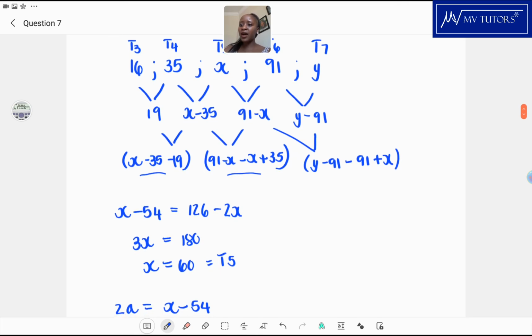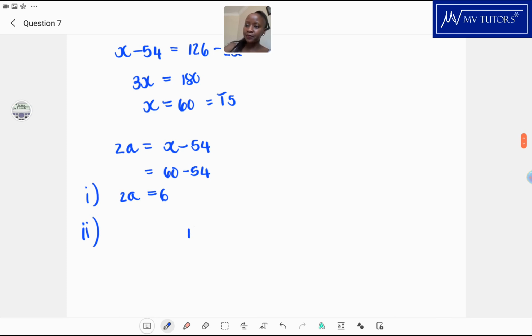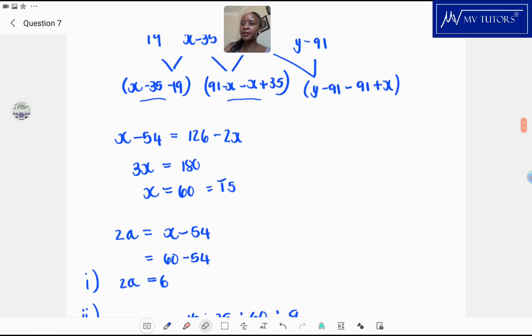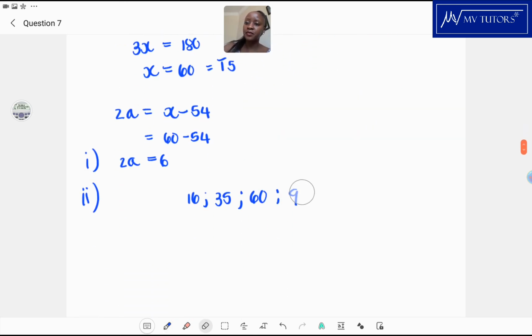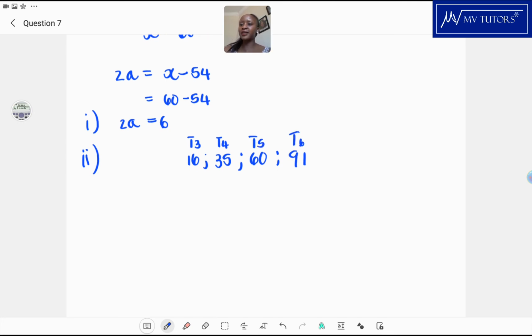So I have 16, 35, and now 60, and then the last term was 91, right? Yeah, 91. So that's term 3, term 4, term 5, term 6.